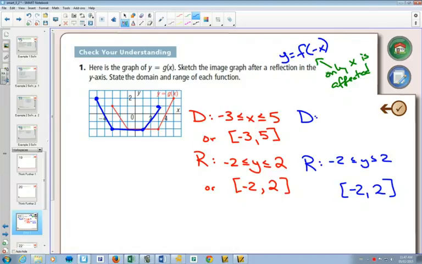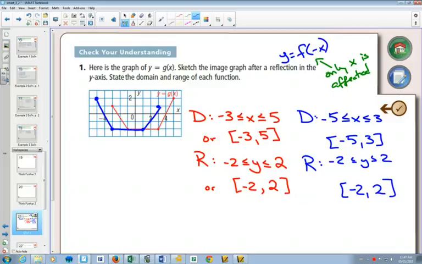Now, what happens with our x values is they get multiplied by a negative. Now, when we actually go to the graph and say, what's our smallest value? Negative 5 less than or equal to x less than or equal to 3, or negative 5 to 3 this way. Okay, from the graph, it's very easy to get the domain.